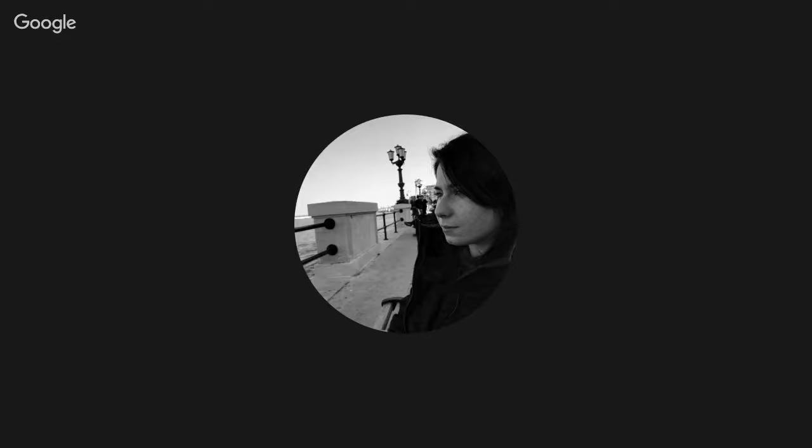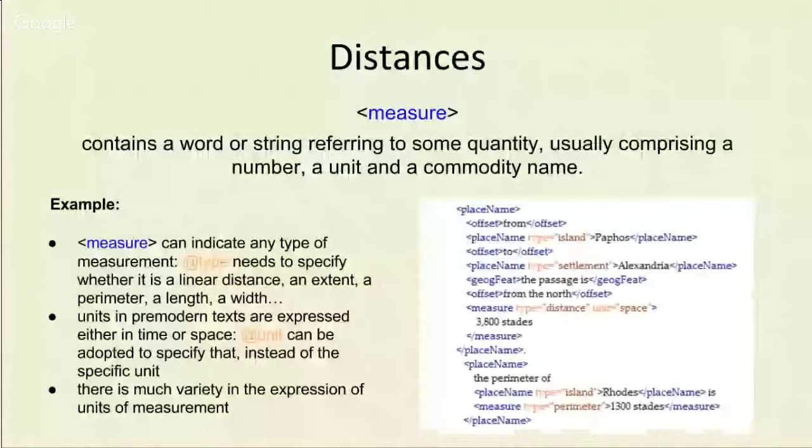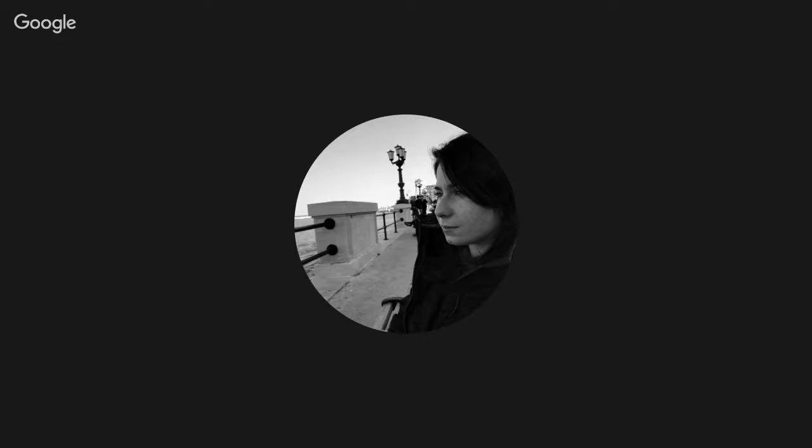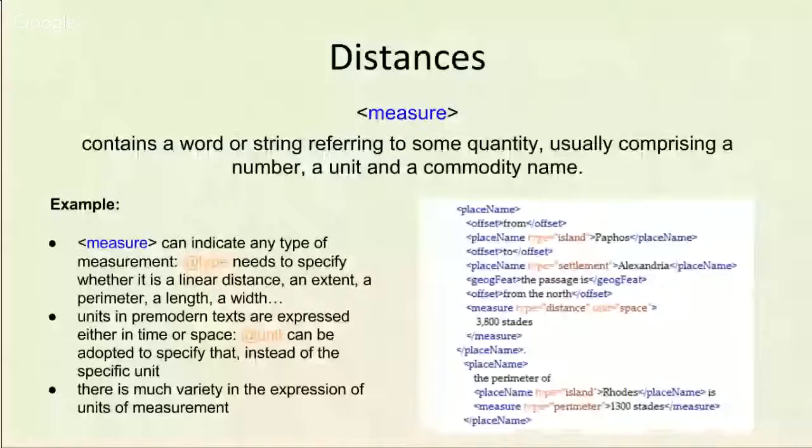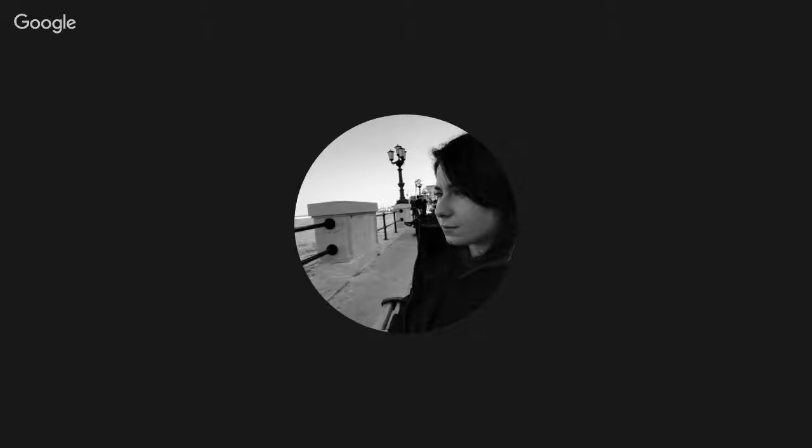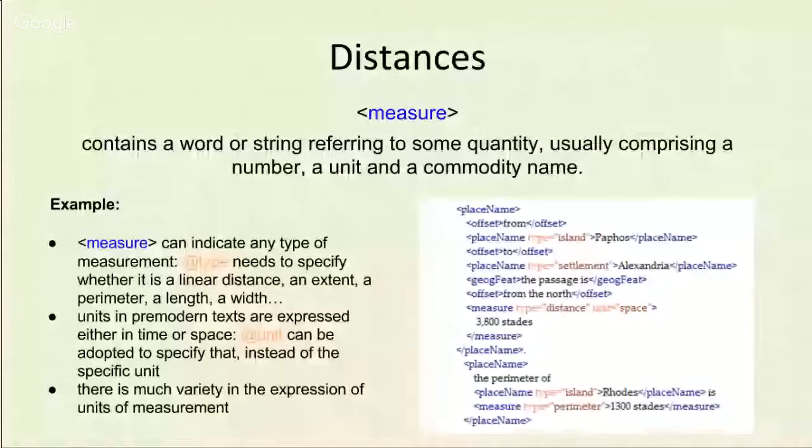And in the case of historical sources, you have to know, as I said, that there are not only various types of units of measurement, but that there are two types of measurement of distances that are fundamental, that is time and space. So you have types, essentially, of things that you probably need to encode in both cases. And one thing that I did here is to add a unit type that is not strictly related to the unit of measurement that is used in the text in particular, which is stadia, but to specify the nature of that unit, which is space and not time.